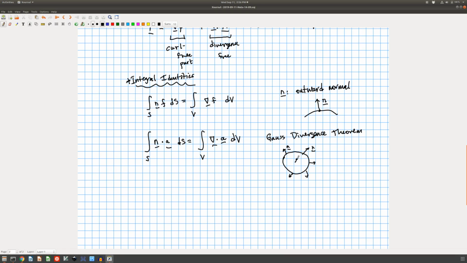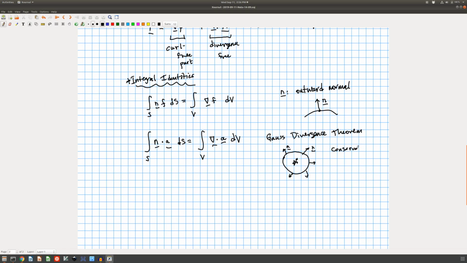You can think of the divergence of a as how much is coming out of a little point. You add all that up within that volume, and that has to equal that.